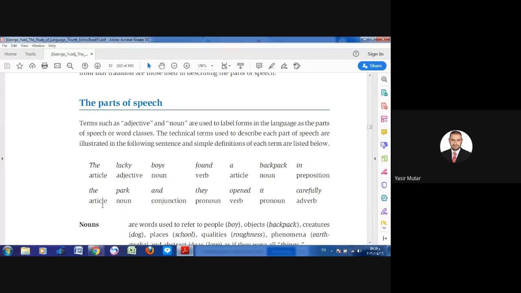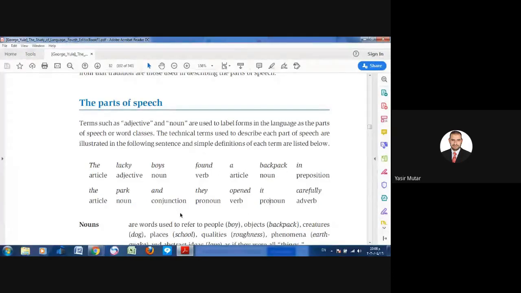The, an article. Park, a noun. And is a conjunction. They is a pronoun. Opened is a verb. It is a pronoun. Carefully is an adverb. So these are grammatical descriptions of sentences.